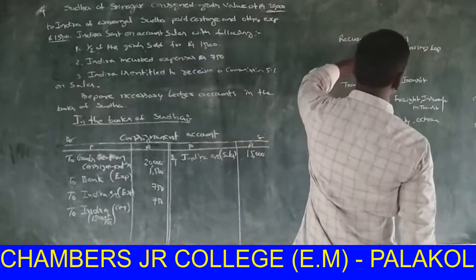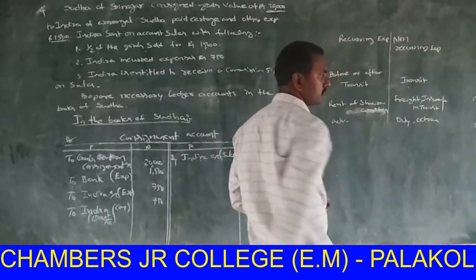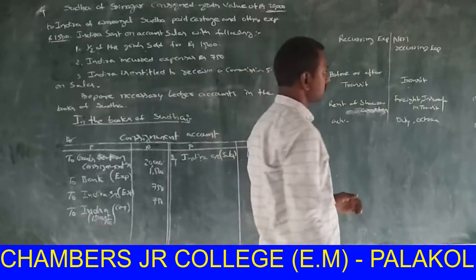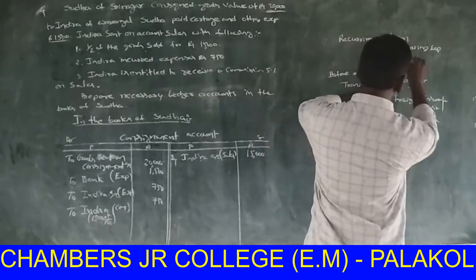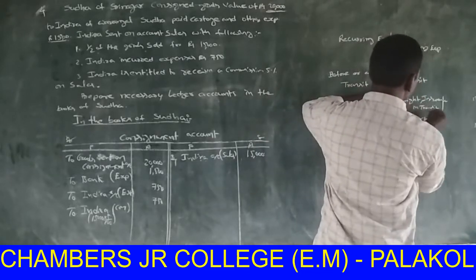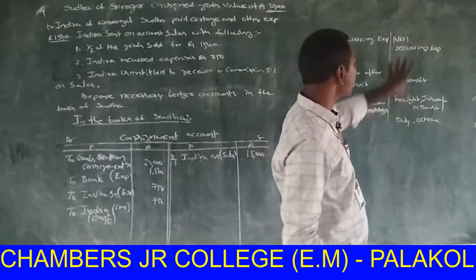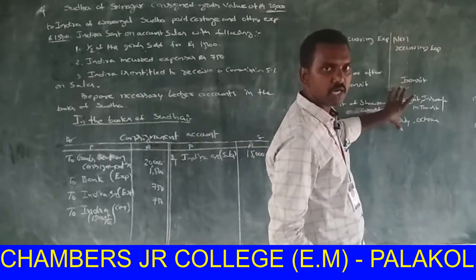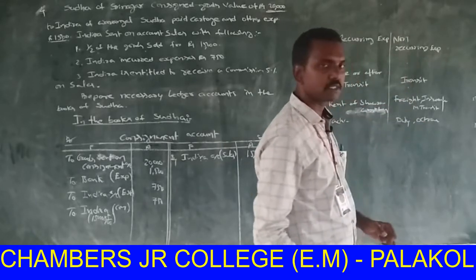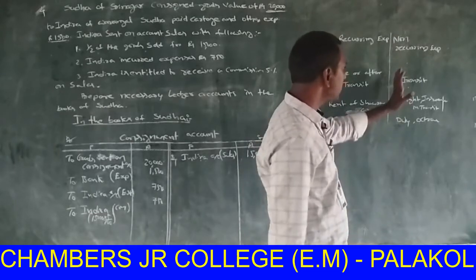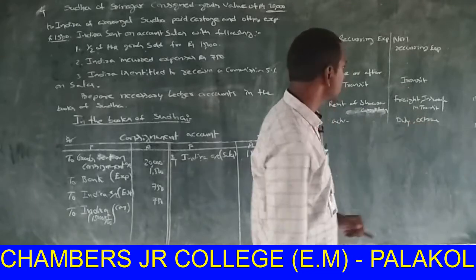Non-recurring expenses are incurred in transit, for example freight, insurance in transit, duty on freight. These expenses are paid at the time of transit. These expenses need to be considered in the valuation of closing stock.